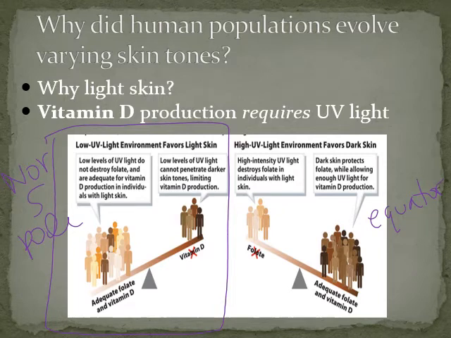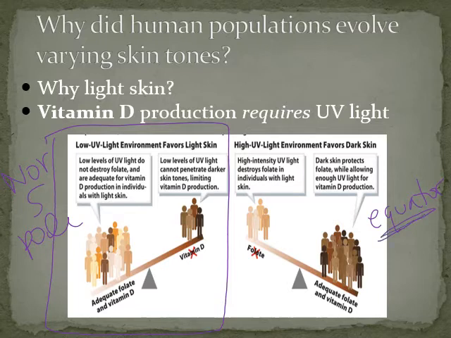A low UV light environment favors light skin because low UV means it's not going to destroy that folate, and we're still getting some vitamin D production in individuals that have light skin, whereas in darker skinned individuals the UV won't be able to penetrate their skin tone. So they're not going to get as much vitamin D production from UV light as they would need.